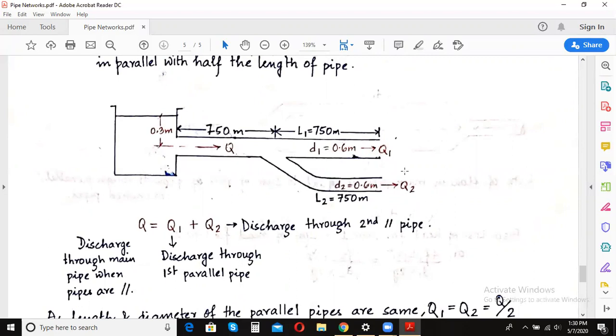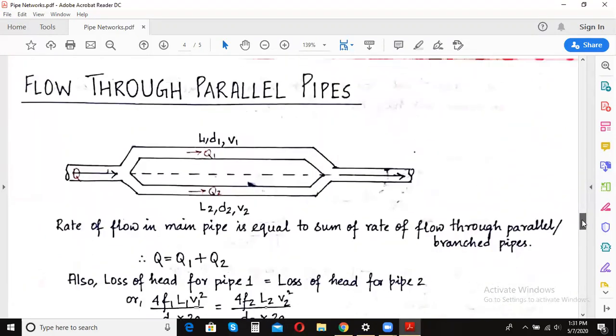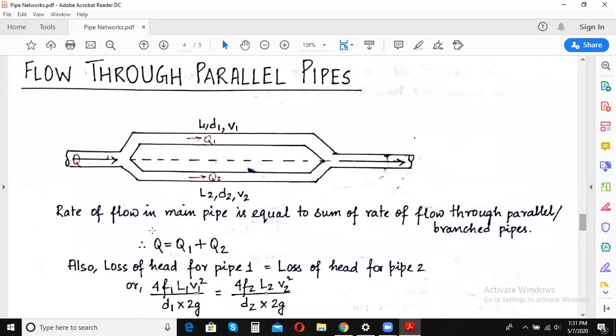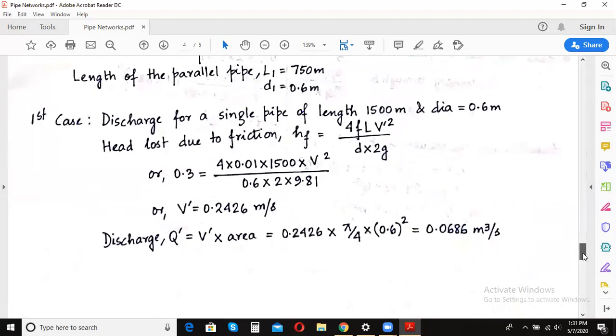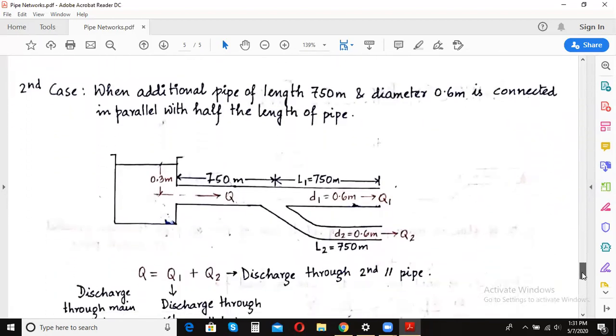So from this concept, we know that capital Q, which is the discharge from the original pipe, will be equal to the summation of discharge of the two pipes that have been connected in parallel. So Q is basically equal to Q1 plus Q2. Now the same principle will be applied here.